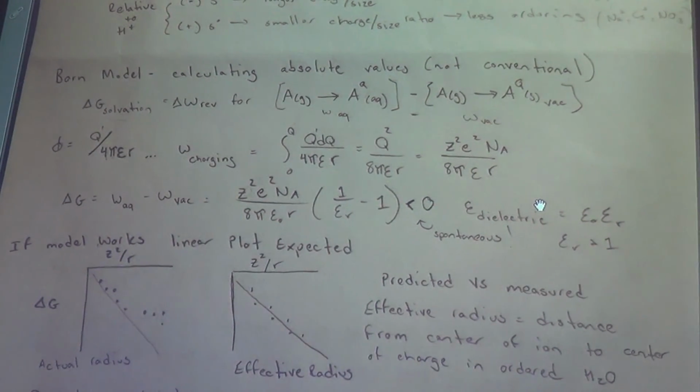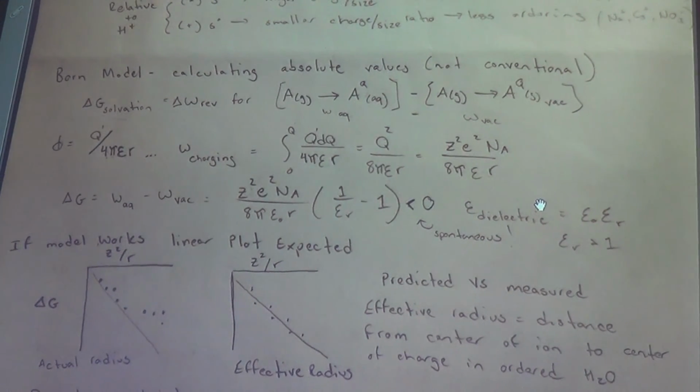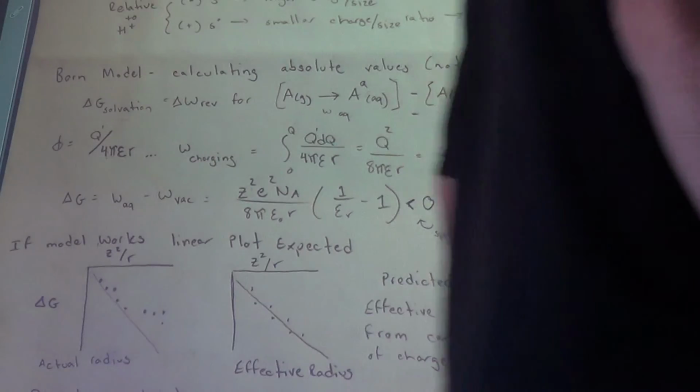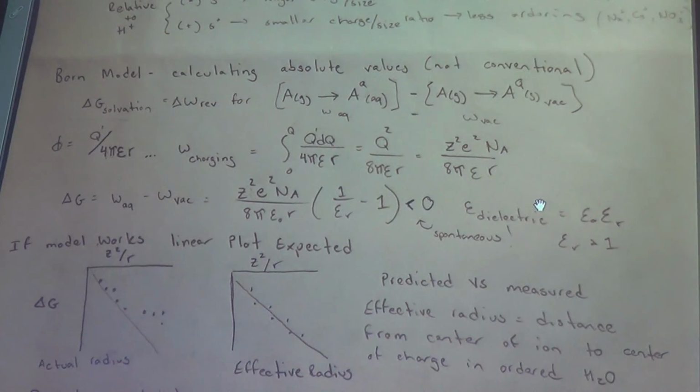Lots of materials are dielectrics. Solutions are dielectrics. Water is a dielectric. You put a charge in water, and you separate it from a charge down the way, and they exert forces on each other. The dielectric constant tells you how well that media communicates those forces.